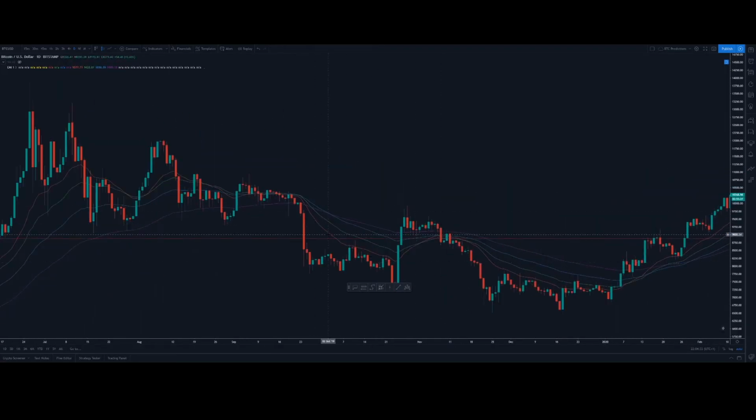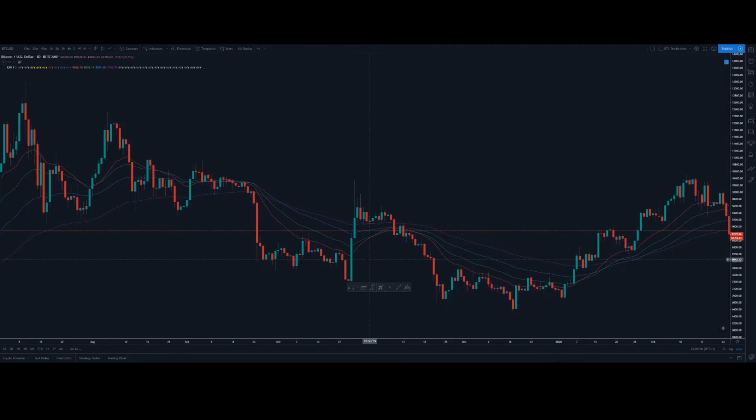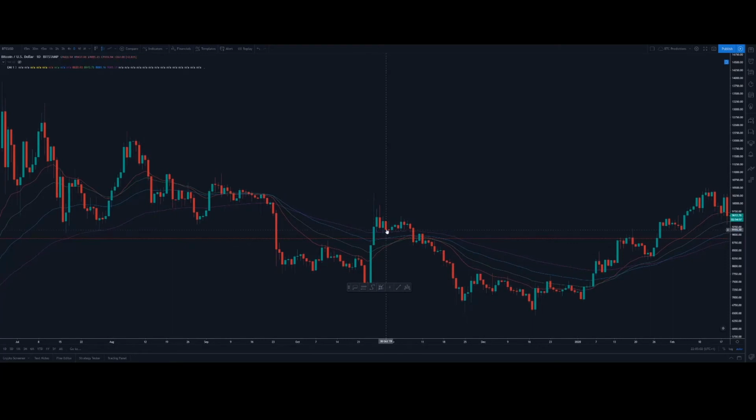You can use it as support or resistance in this case. As you can see, it's been respecting this daily EMA 21 as resistance. But once it broke through to the other EMAs, it went up, but it went down again. Before that, it was respecting the daily EMA 89 as support, before it broke through.